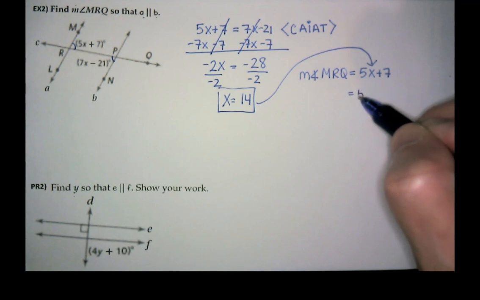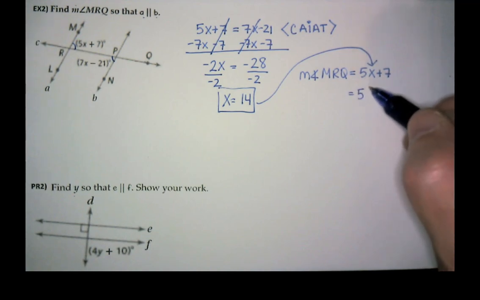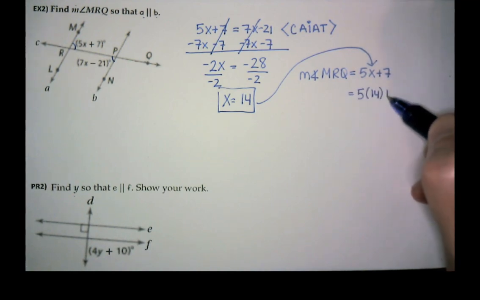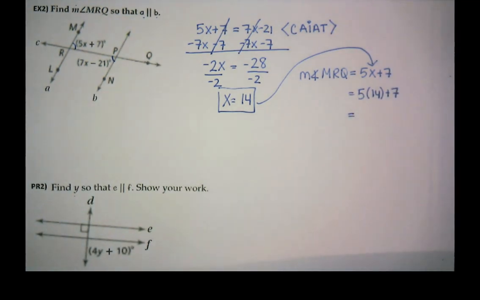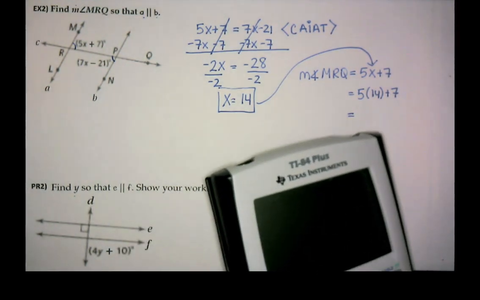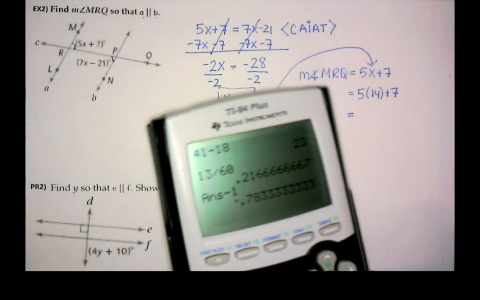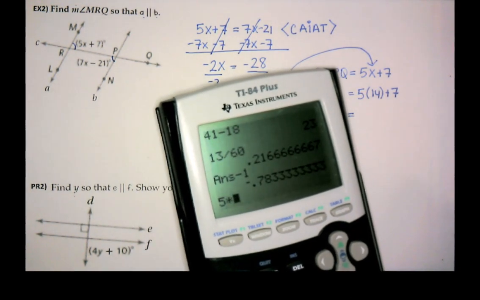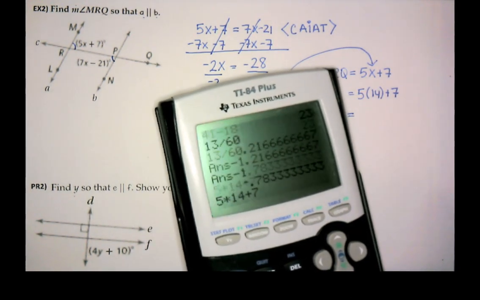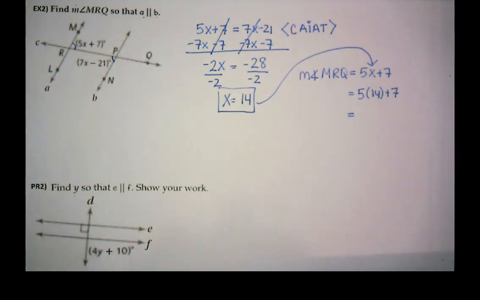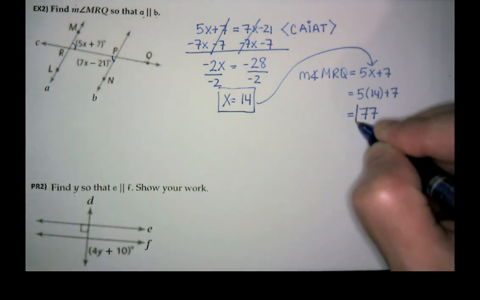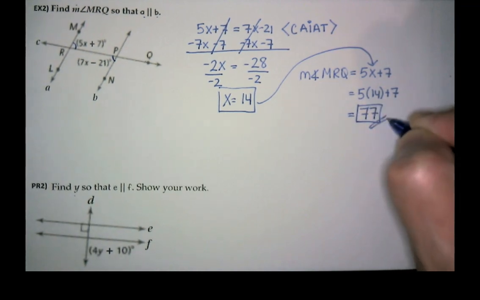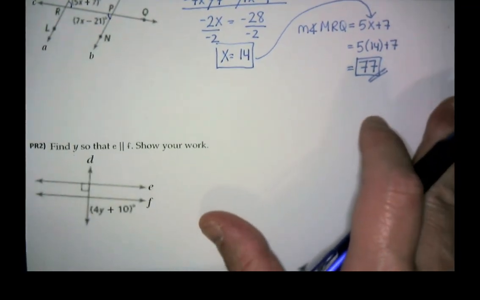And this would be 5 times 14 plus 7. And when we punch that in the calculator, five times 14 plus 7, we get 77. So therefore, the angle is 77. Okay, let's go on to the next problem.